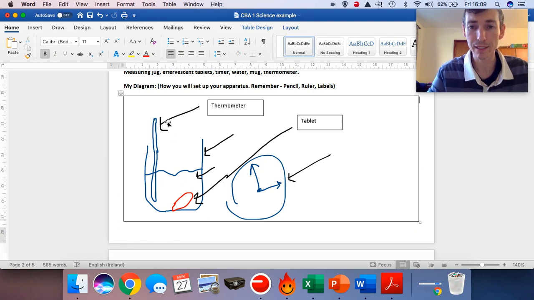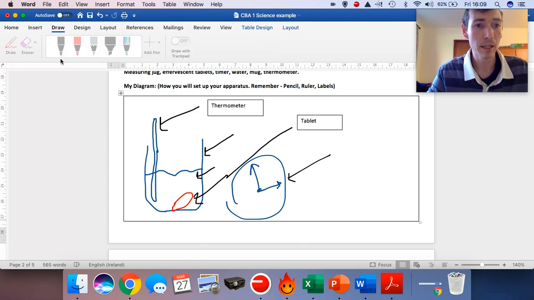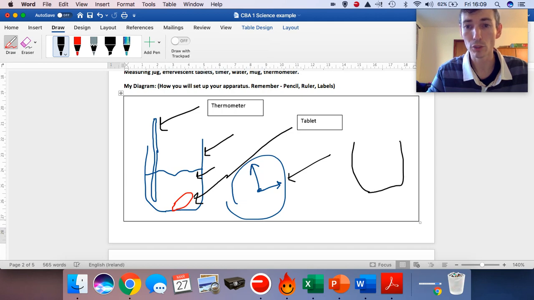So if you're filling it in on this document, the easiest way to do this is go to draw, and then, oh, it's not letting me because I'm recording. Oh wait, it is. So draw, and then draw whatever you want. So here's my mug, okay?